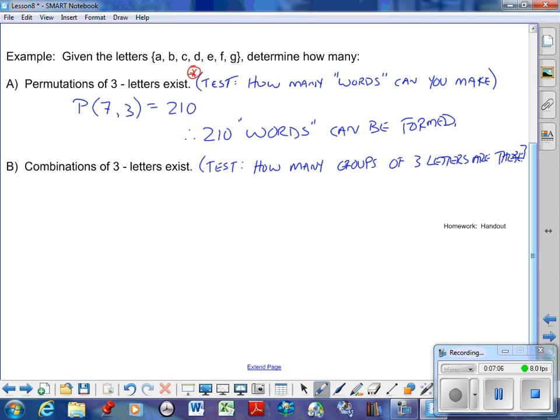Because I'm using the word groups, you're looking at a combination of 7, 3. It's making that comparison as you go through. Here I get 35, so therefore 35 groups can be formed.